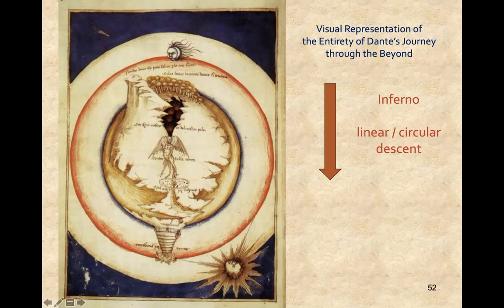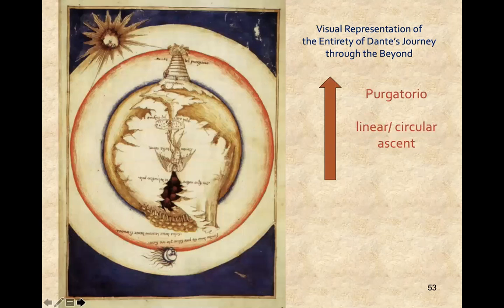And again, if I reverse the image, you see that they will land at the foot of the mountain of Purgatory, which is exactly the place where Ulysses said that they shipwrecked.